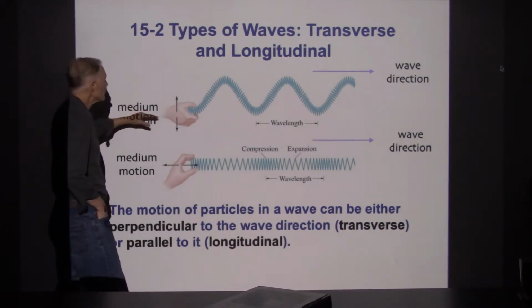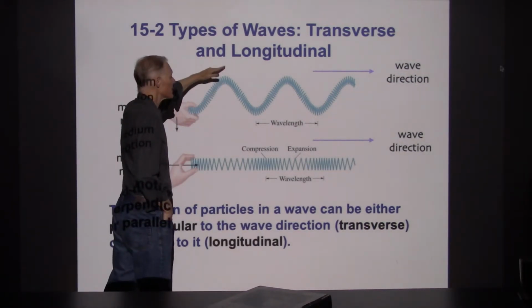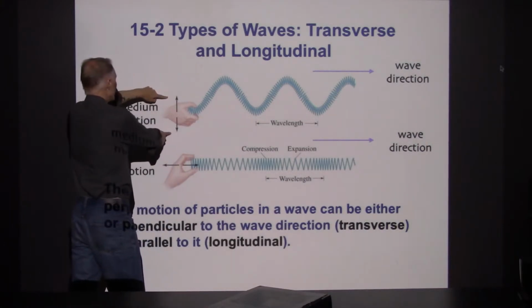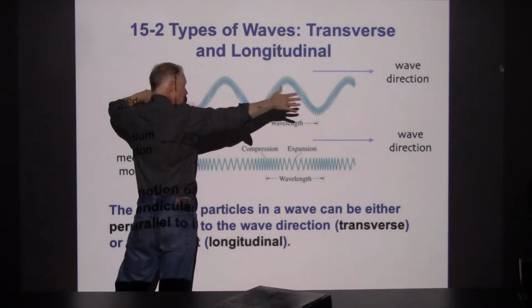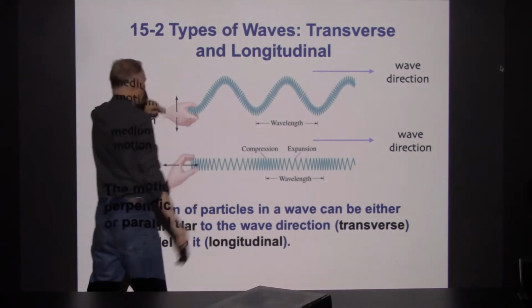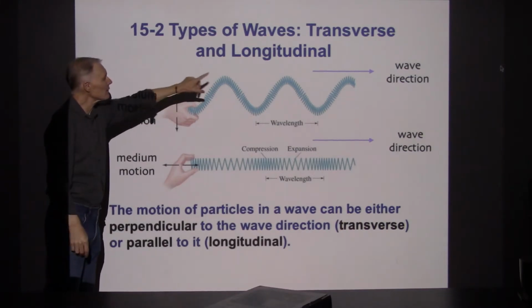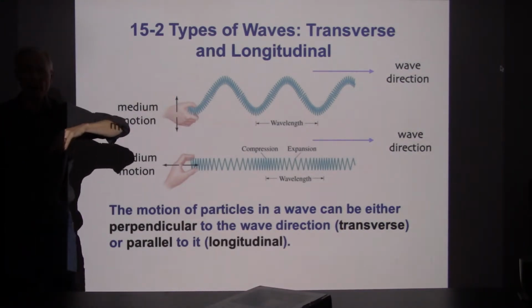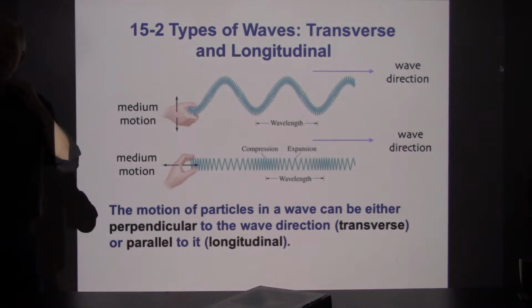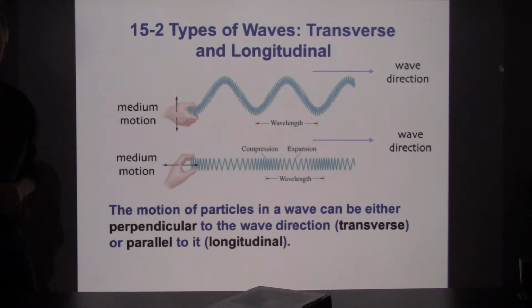Now, if the motion of the medium is sideways, what we have indicated here, the medium's going back and forth like this, while the wave direction is in this case, we're designating that to the right. If this is perpendicular to the wave direction, we call this a transverse wave. So there's a transverse disturbance that propagates through the medium.